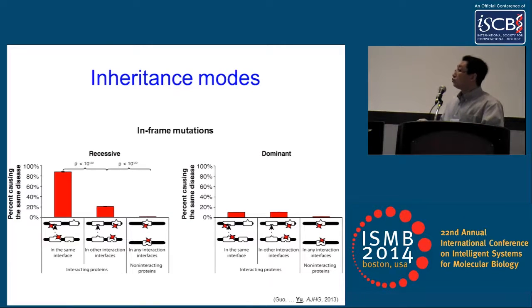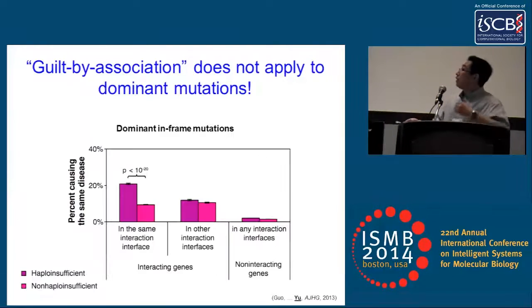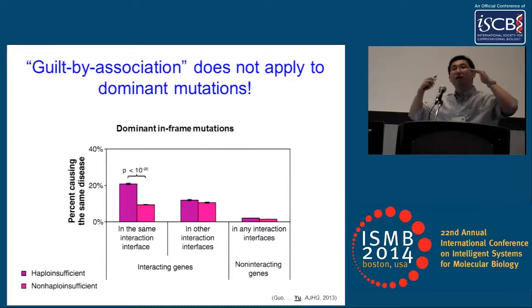To check that, for the dominant mutations, people have a very nice prediction, with experimental data, of haploinsufficiency leading to dominant mutations, or non-haploinsufficiency. For those haploinsufficiency-causing dominant mutations, they are clearly loss of function.